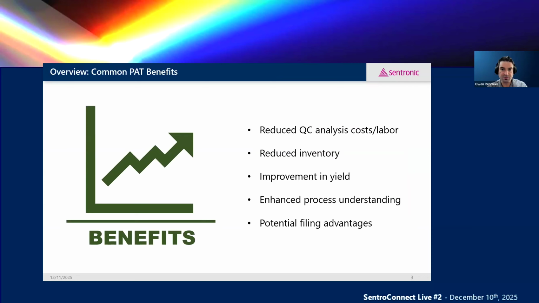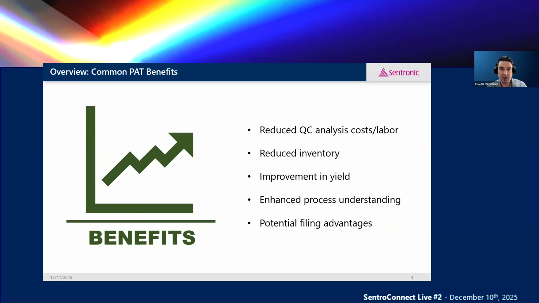Let's talk high level about what value PAT can add to a manufacturing organization. Well, we often, as PAT SMEs, will discuss technical advantages, technical capabilities, the ability to measure things like blend uniformity or content uniformity. I think it's worth taking a step back and talking about what benefits those provide to a business.